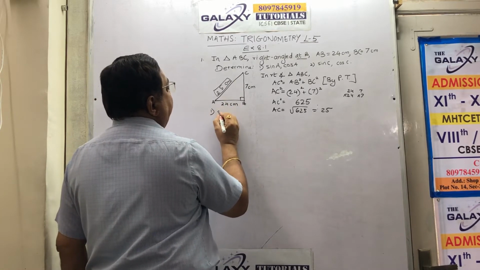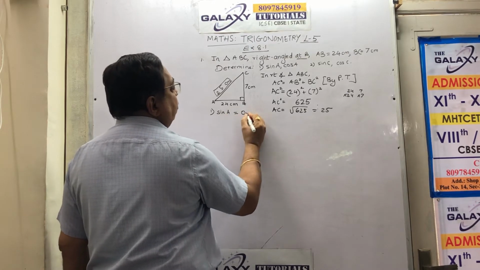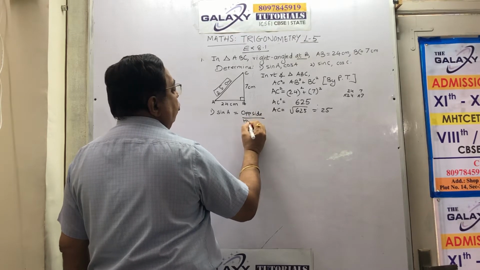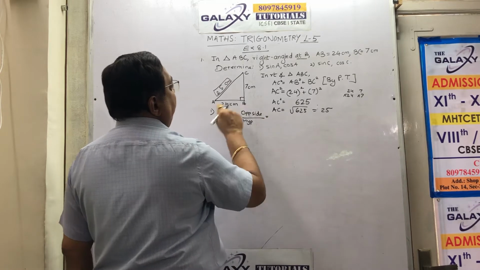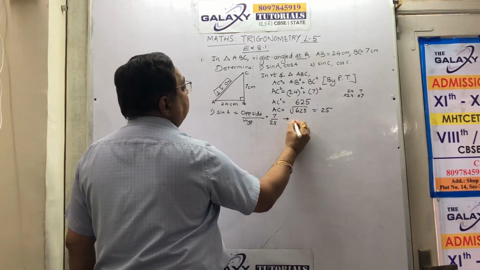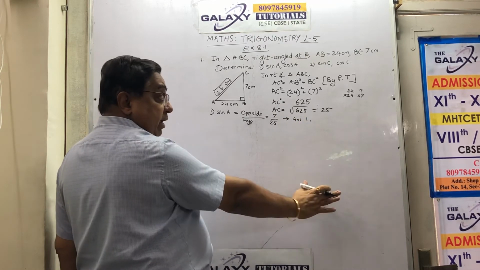First, I have to find sin A. Sine of an angle is the opposite side upon the hypotenuse. Opposite side of A is 7, hypotenuse is 25. Answer 1. We are going to write the answers again.